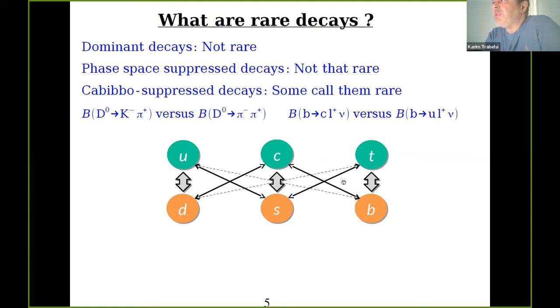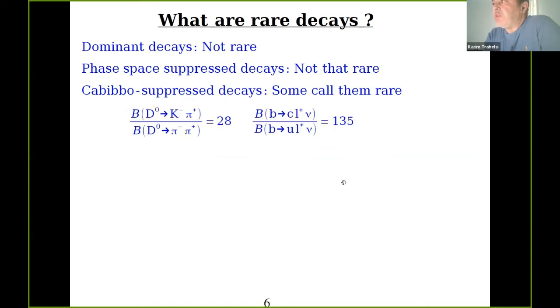But it is not called rare in this lecture. B to charmless modes, we say very often, are in the category of rare, but what we call rare today, in terms of new physics searches, will not be those rare B decays. I put also other categories, and probably I will use some of that jargon.